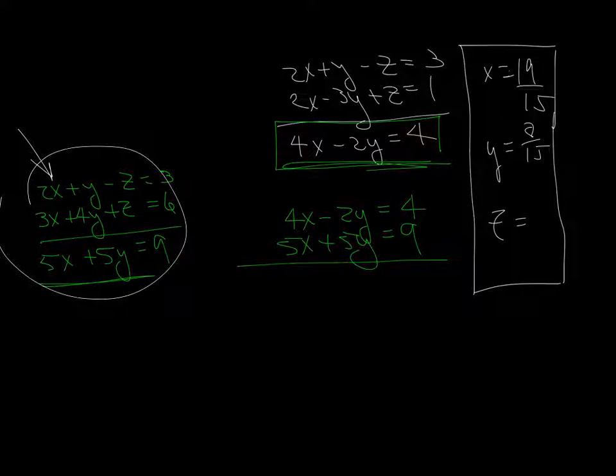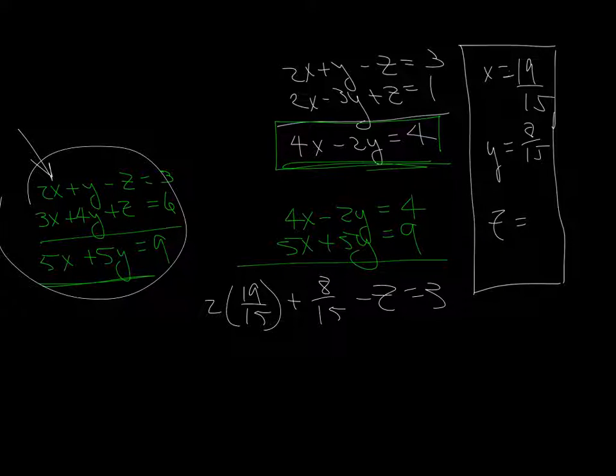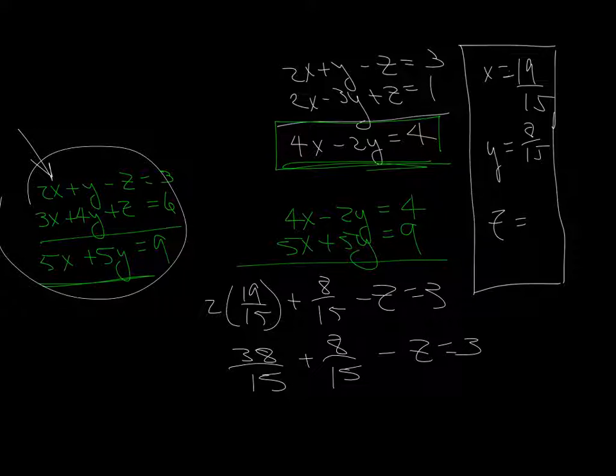And I'm going to put my x and my y. And my z, and that gives me 3. So distribute. Combine these.